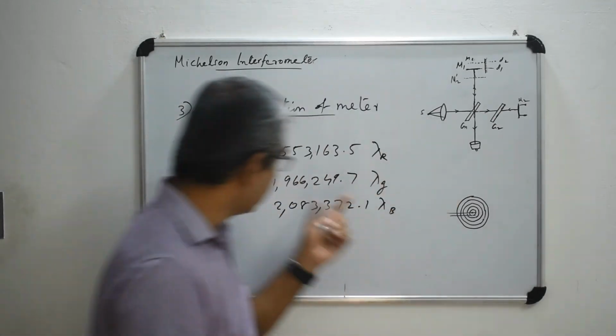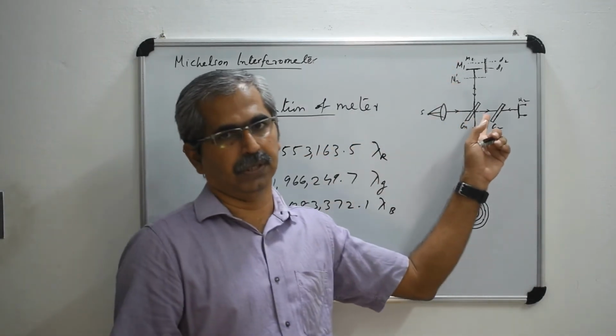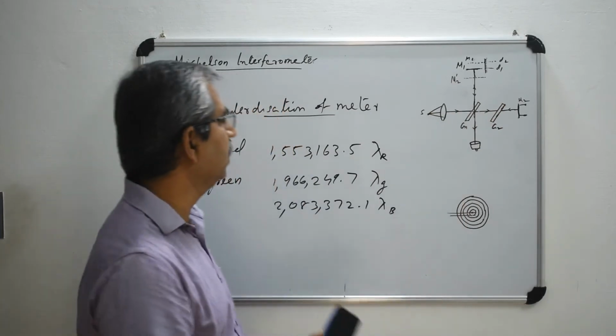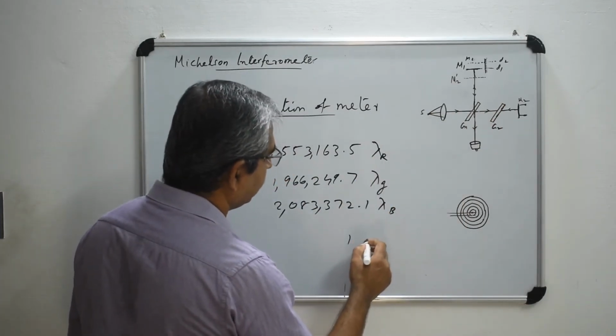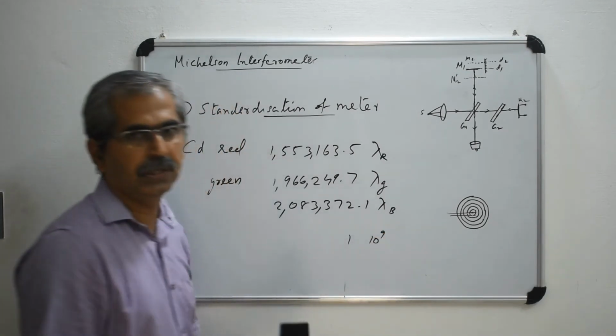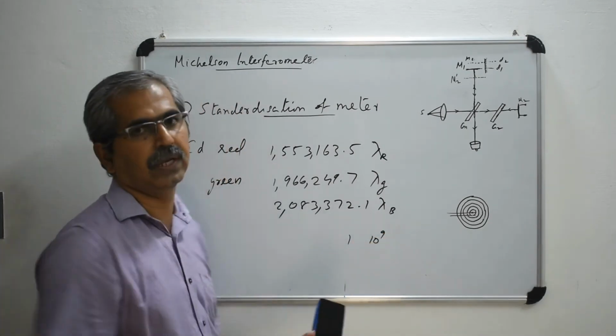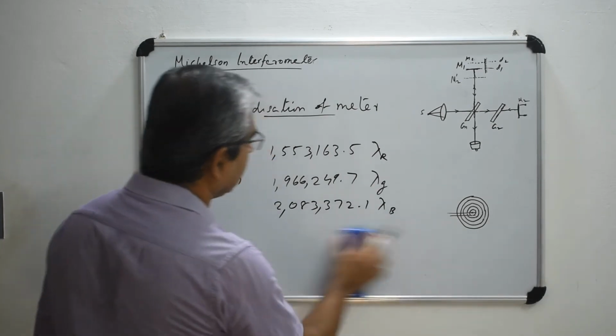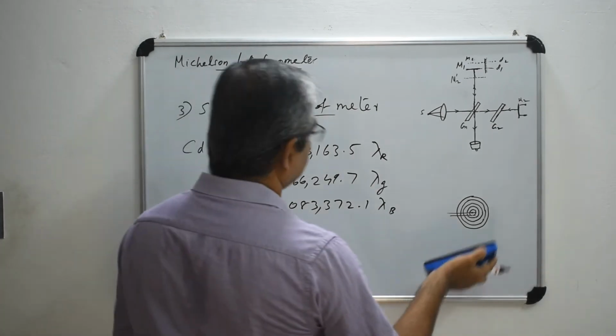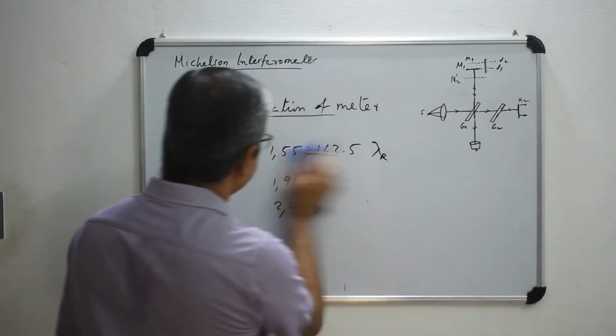This can be done using the Michelson interferometer by precisely measuring, and the error will be 1 part in 10 raised to 9. That means 1 by 10 raised to 9. That is the accuracy of the measurements that can be done using the Michelson interferometer.